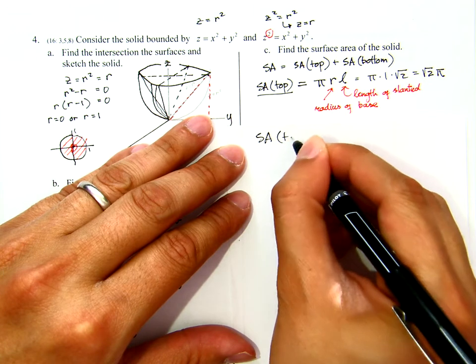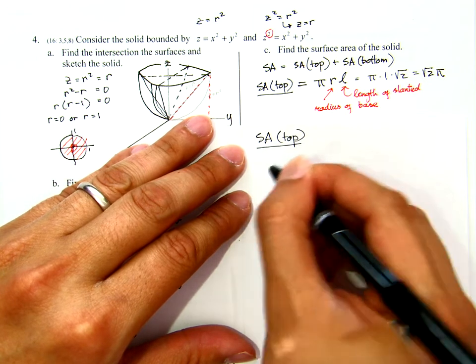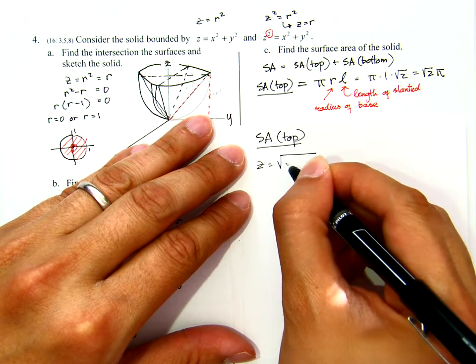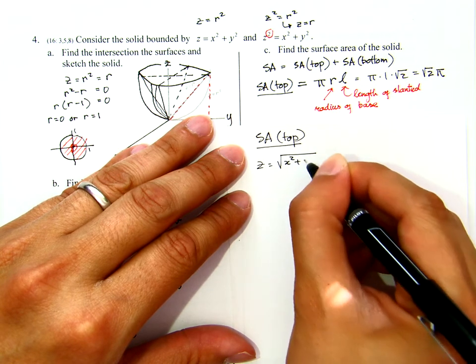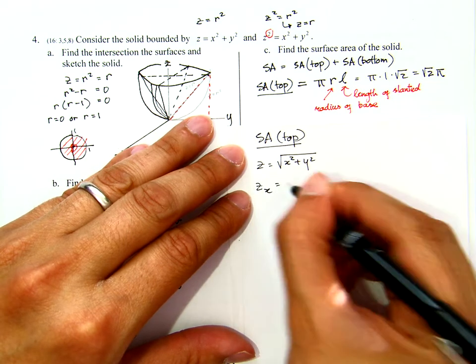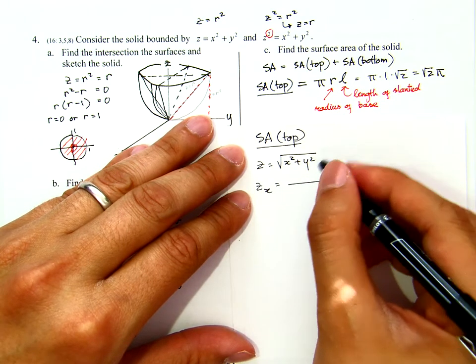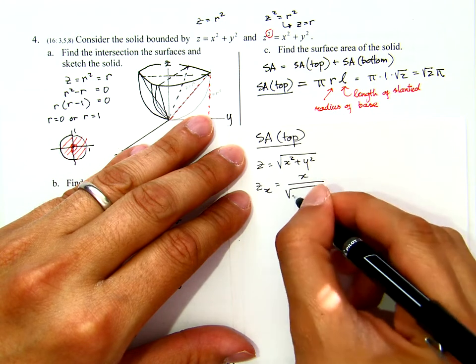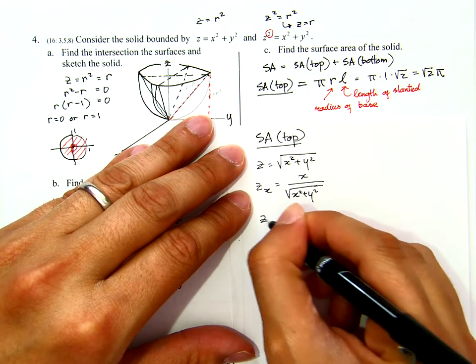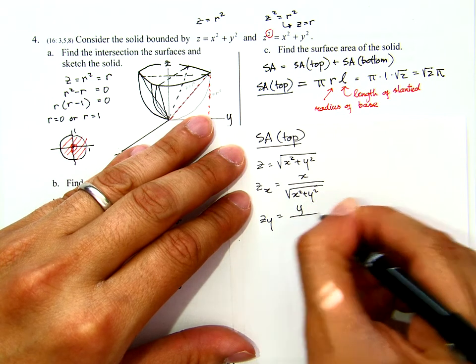Surface area of the top can be done as the following: z equals the square root of x squared plus y squared, right? So z sub x equals x over the square root of x squared plus y squared. Likewise, by symmetry, z sub y will be similar, I mean.